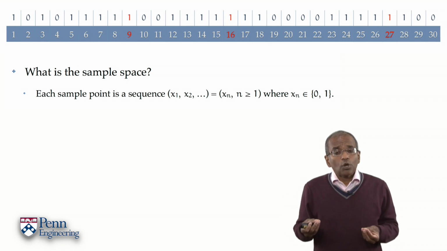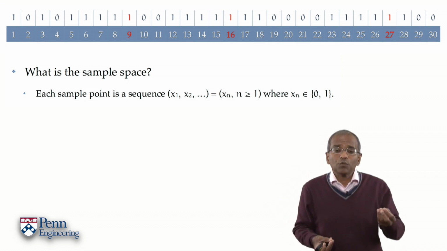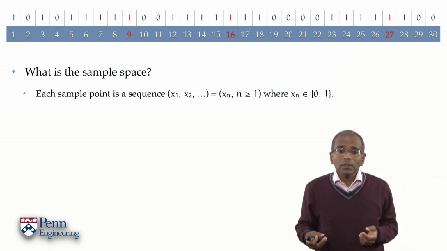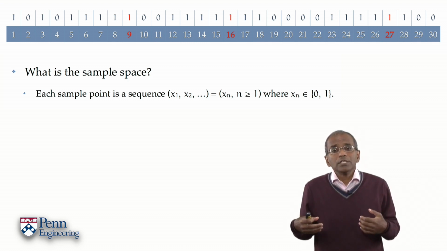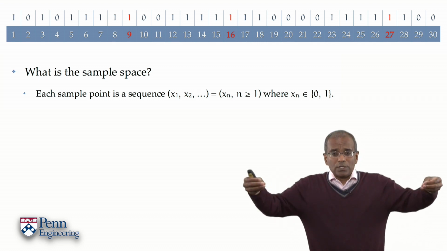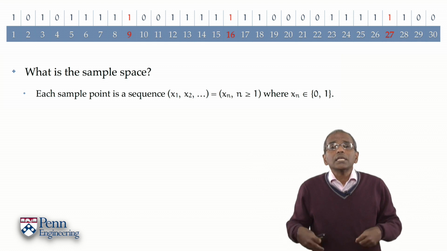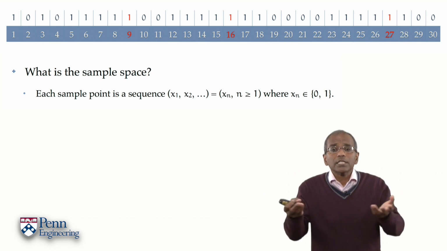The outcomes of the tosses, call them x1, x2, x3, x4, x5, and so forth, represent successes and failures, zeros and ones.